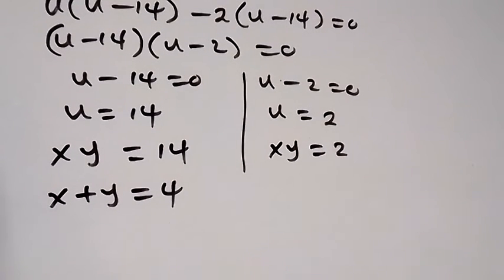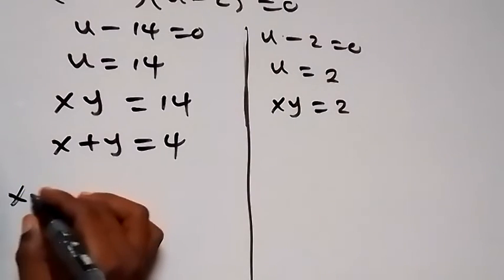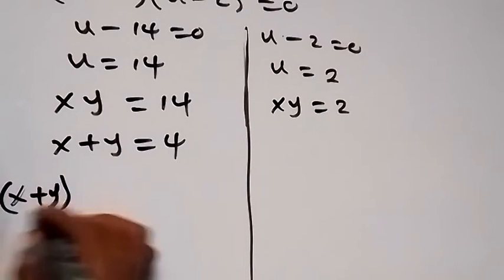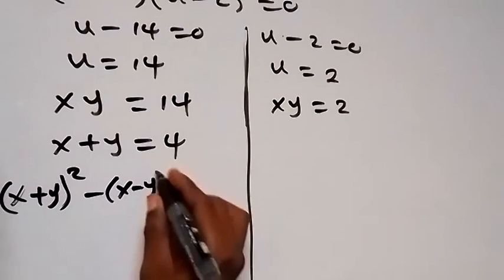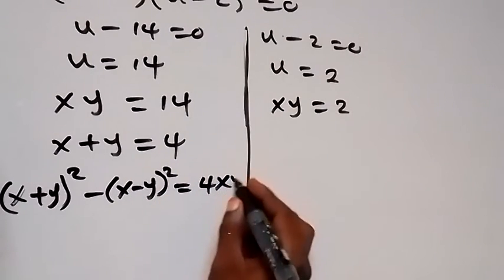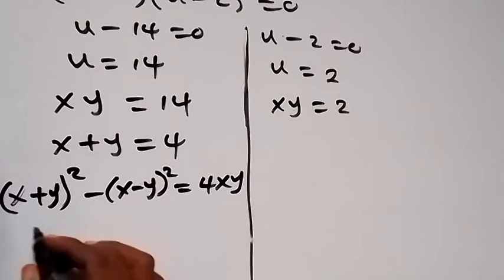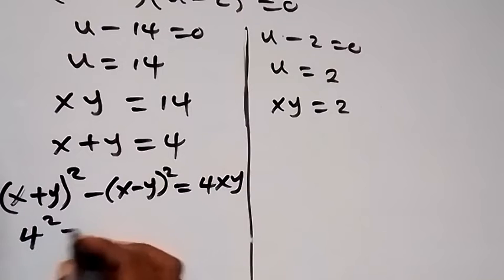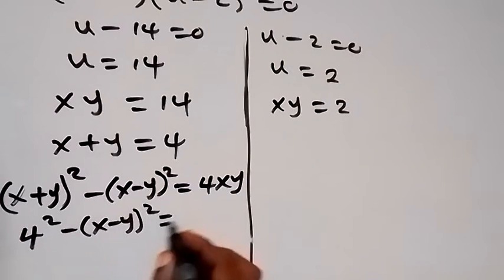And then we use the identity x plus y all squared minus x minus y all squared is equal to 4xy. So, when we use this identity here, x plus y here is 4. So, 4 squared, then minus x minus y squared equals 4xy.